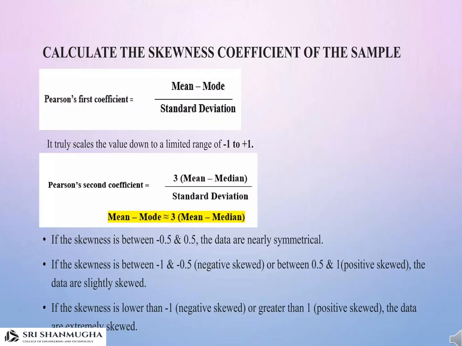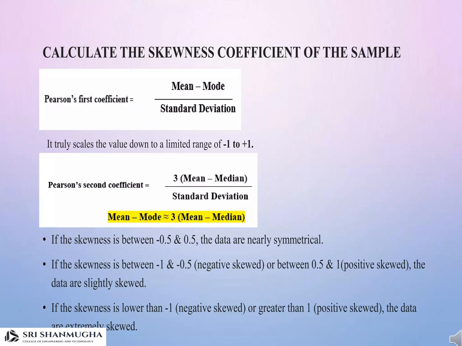Now that we understand what skewness means conceptually, let's look at how to measure it quantitatively. There are several formulas for calculating skewness. Let me show you the most commonly used ones. The first one is Pearson's first coefficient of skewness, which is mode based.